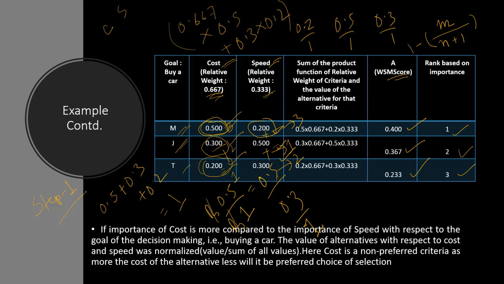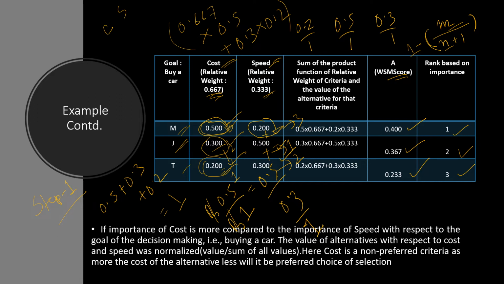So you see, m is the order, and n is the total number of alternatives. What will happen is, if you deduct this entire value from 1, the least rank value will have the highest magnitude. How? Take the example of Mercedes for cost.